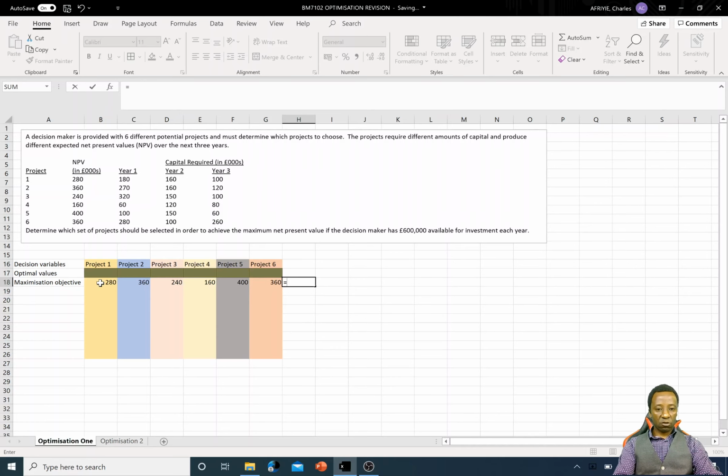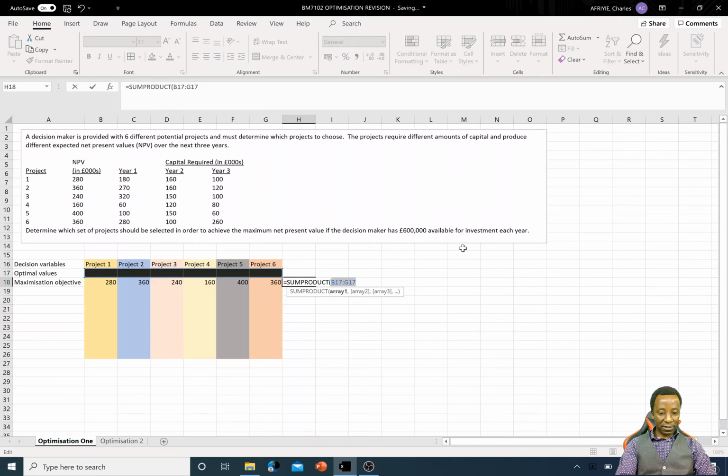Okay, so remember we use a sum product function. So we type sum product, and then we select the blank optimal values row, and then we use the absolute referencing, isn't it? Absolute referencing, do you remember?